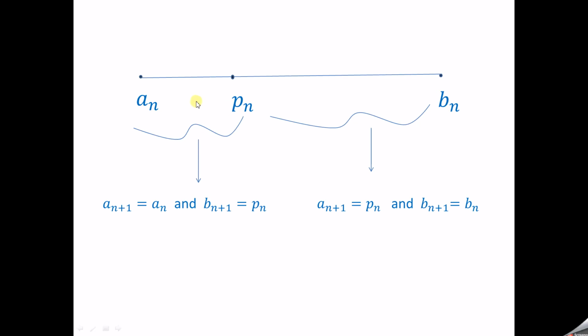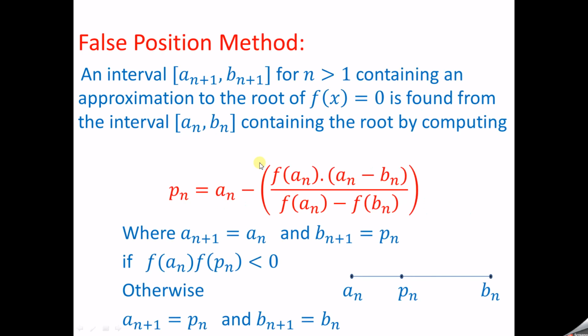Otherwise, that means the root does not lie in this interval. Then the root lies in this interval, so the new lower limit will be p_n, that is a_{n+1} is p_n, and the new upper limit will be b_n. So b_{n+1} will be b_n. So the new interval a_{n+1}, b_{n+1} is obtained from a_n, b_n, as we have written before.